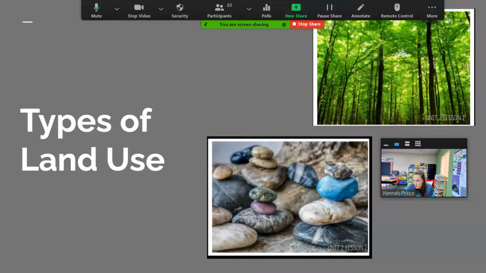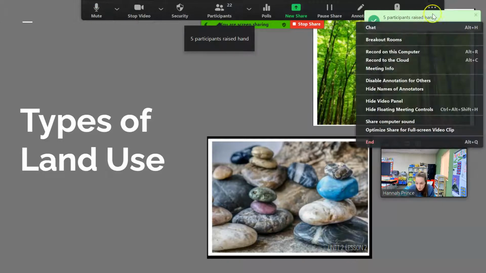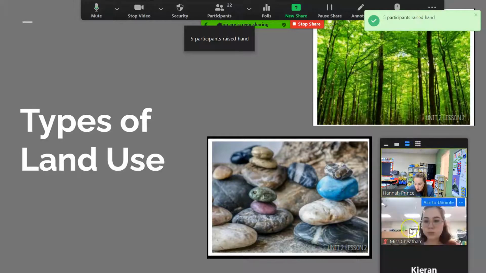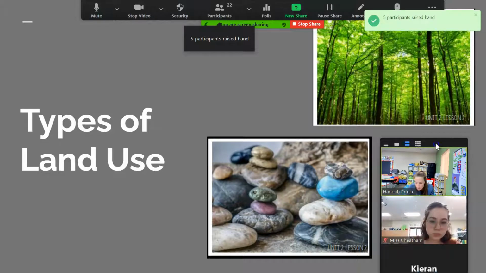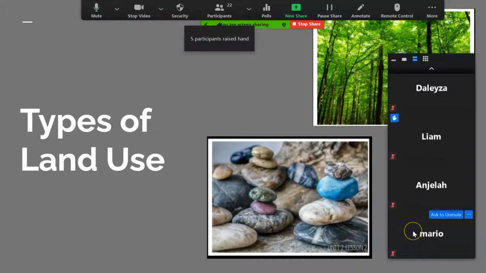So if we didn't have the trees, I heard somebody say earlier about paper, we wouldn't have paper, we wouldn't have these desks, we wouldn't have a lot of houses. Excellent answer. Now, I would like to call on Mario.